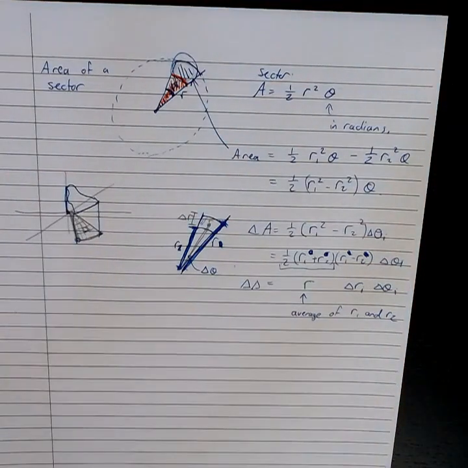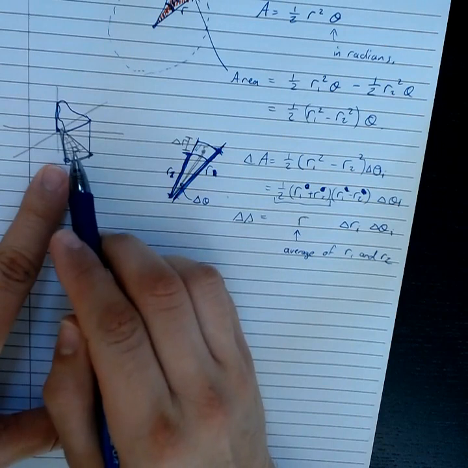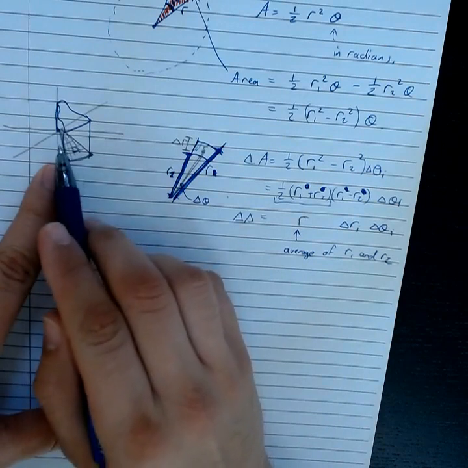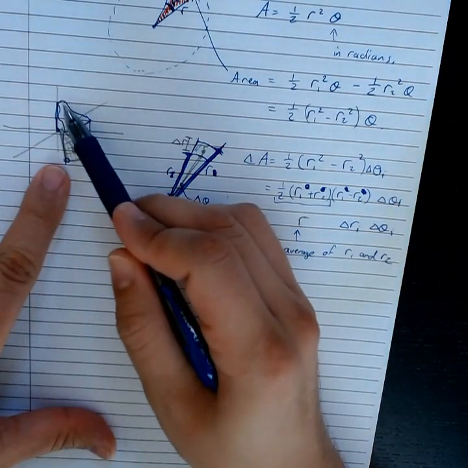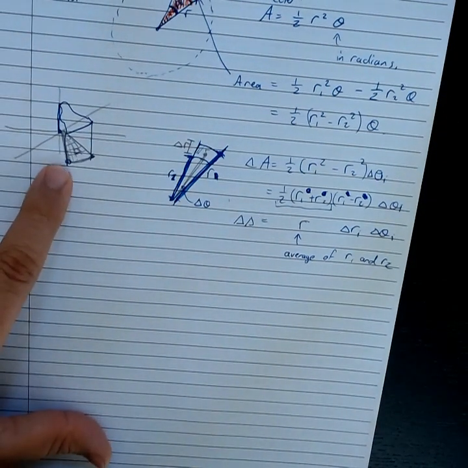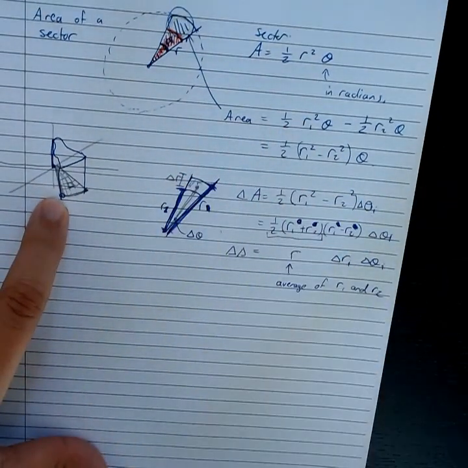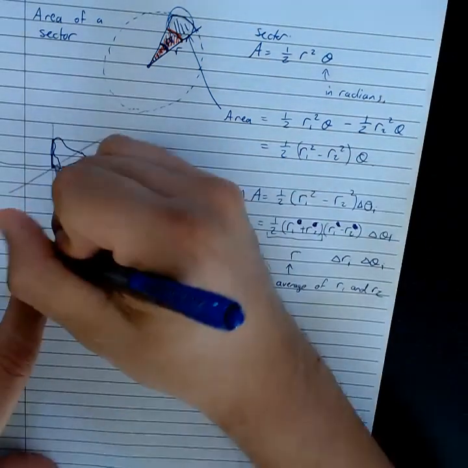Okay, so now what? Well, now we've described the little patches on the domain, but what about this upper surface? And you say, well, it's given by a function. It's given by f. Now, f of what? Usually we deal with f of x and y, but there's no x and y here. Oh, okay, well then I have to convert to polar coordinates. Well, there's a fixed way of doing that.